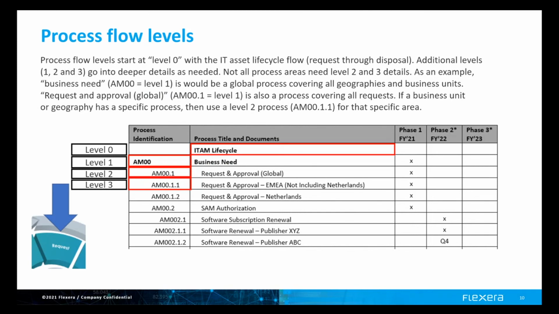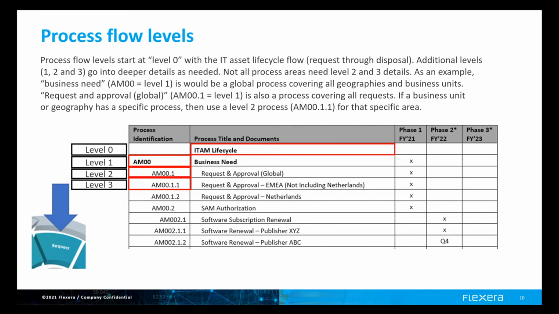In this case, let's say there was a separate request and approval process for another specific country. You wouldn't have a level 4 and a level 5, as an example. You could have multiple level 3 processes. So what it's doing is starting at the macro level and going deeper, as you need to, into the micro level.